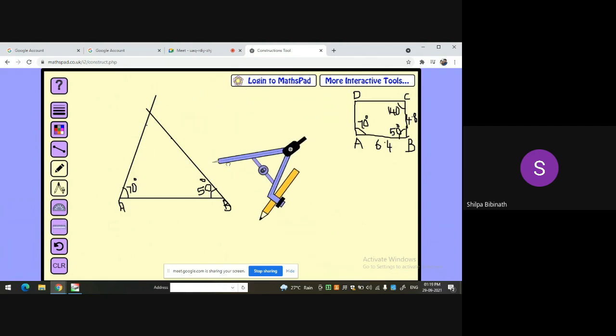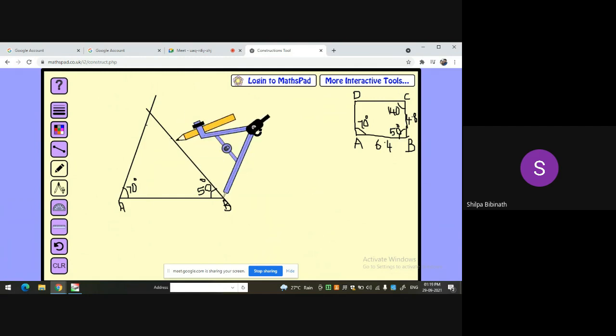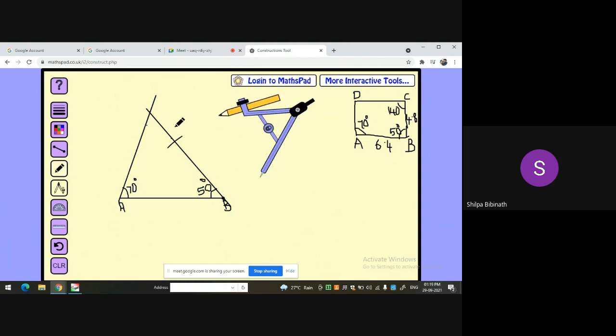You have to keep it at point B and then mark an arc on this. Okay. So where this intersects, this will be point C over here.